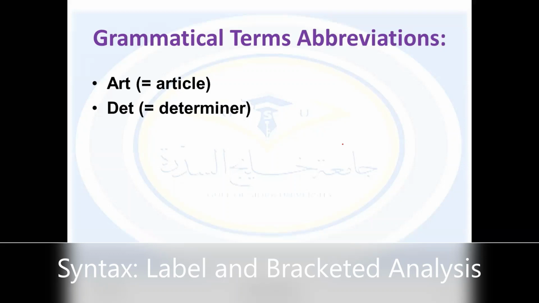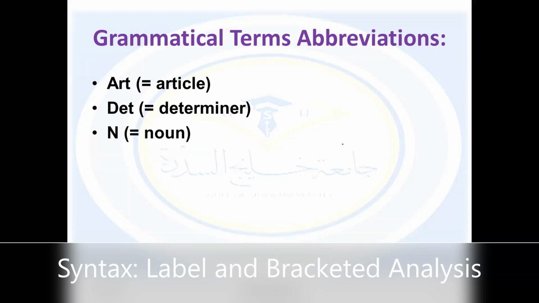So here we have articles and determiners, and we have some other types of determiners. But just to add something here, articles and determiners are known as a type of adjectives, because they describe the noun, they add more information to the noun.